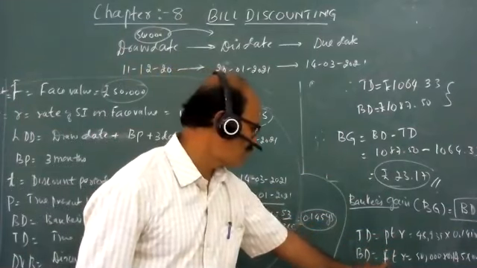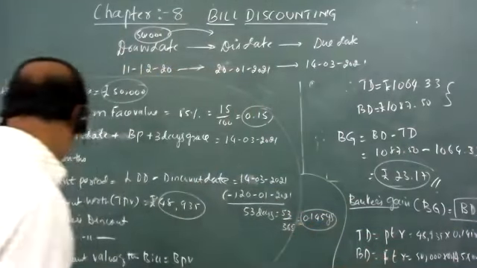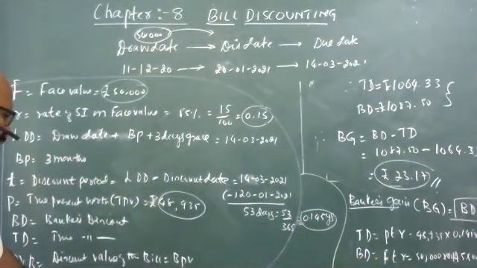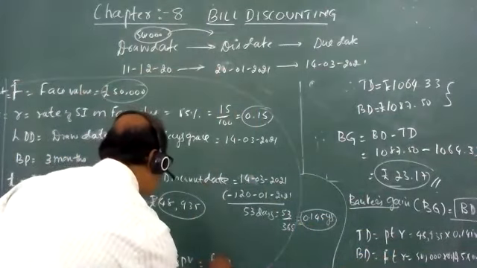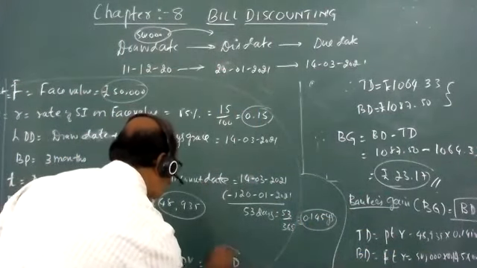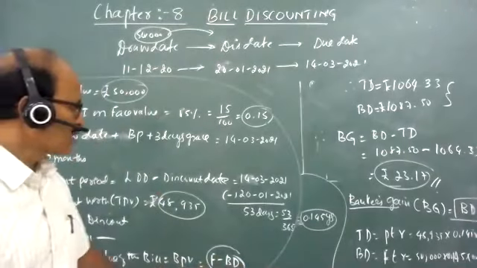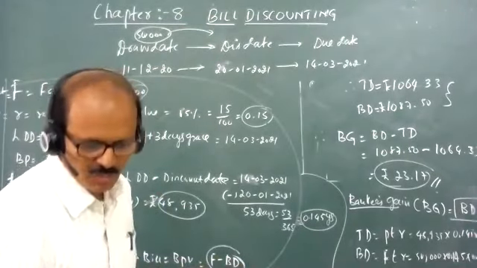True discount PTR, banker's discount FTR, and discounted value of the bill is nothing but equal to face value minus banker's discount. This is the amount the bill gets. So subtract this amount.